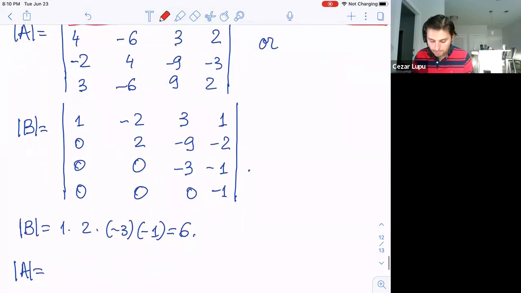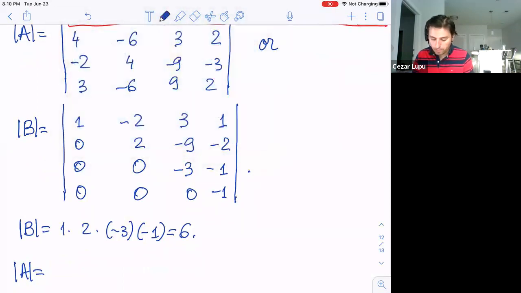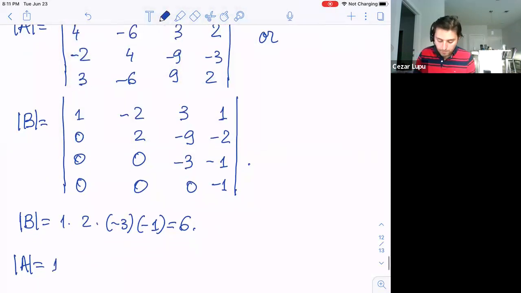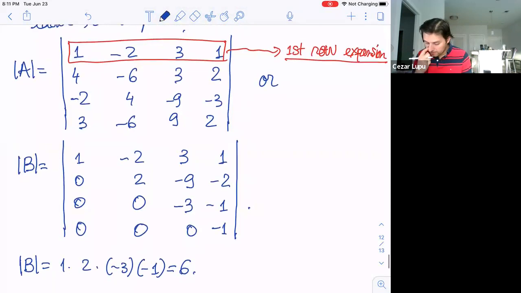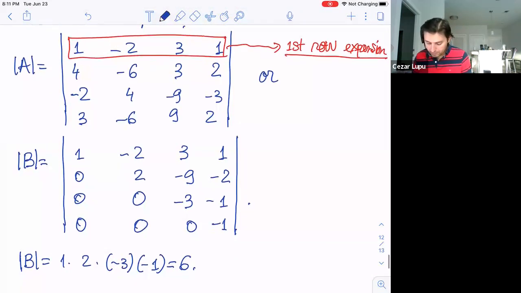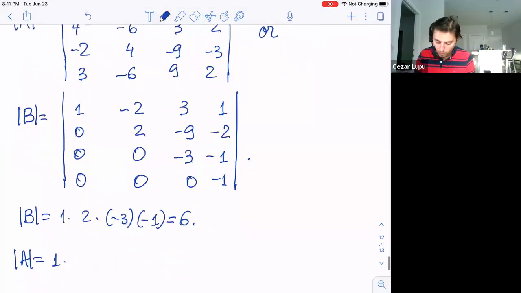So let's write it. This will be 1 times, I forgot to say, negative 1 to the power 1 plus 1 times the minor, right? M11, correct?